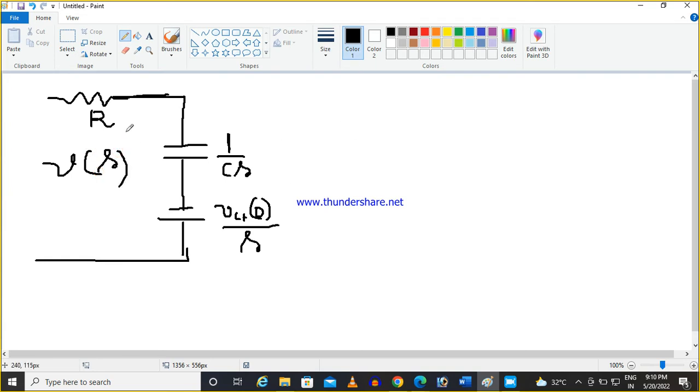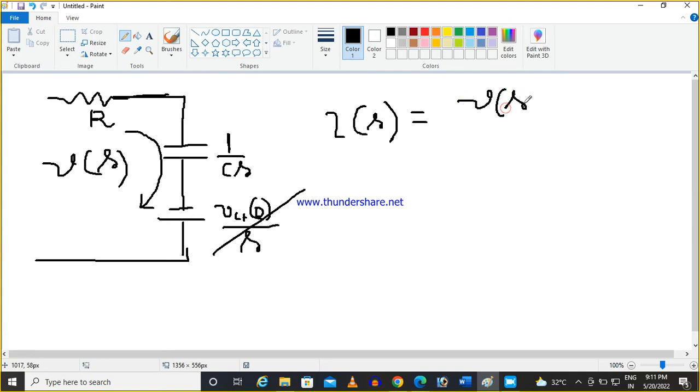So now the current flowing through the circuit, that is equal to Is is equal to, I am assuming initially the capacitor is not charged, so this part is not there, so it is Vs by R plus 1 by CS.